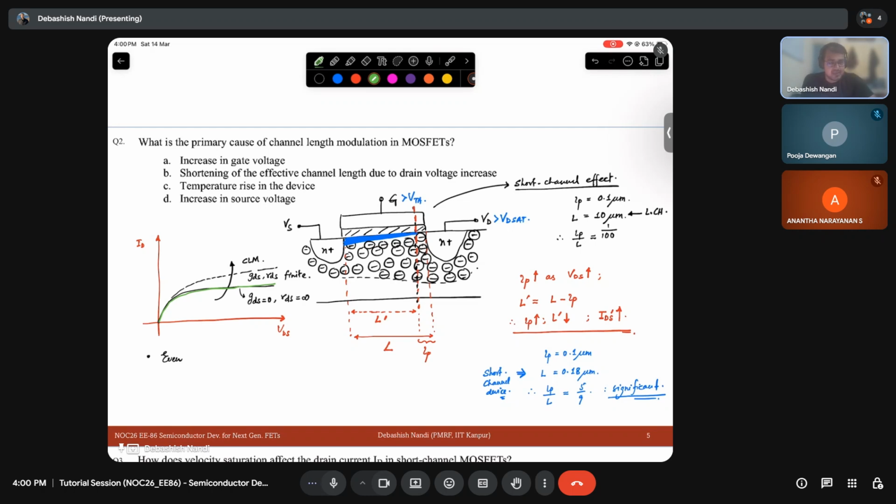Then they dug up and found that it is due to this effect called channel length modulation. As it was discovered in short channel devices, and as it is more prominent in affecting the behavior of short channel devices, channel length modulation is one of the short channel effects.